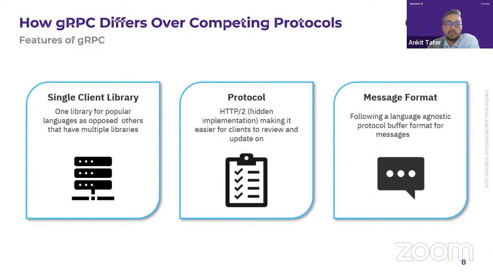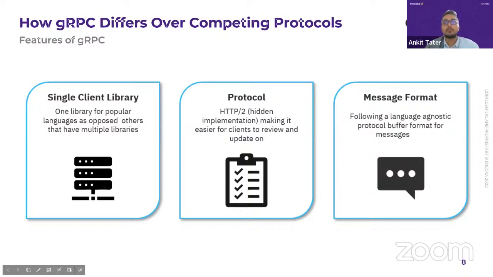Now we'll go over how gRPC differs from competing protocols, like what gRPC offers which other protocols do not have, right? We have talked about the problem with the client library in other protocols: all of them have their own maintainers, not a single maintainer, which causes a problem when you try to update or patch.